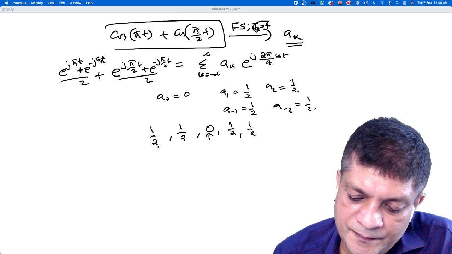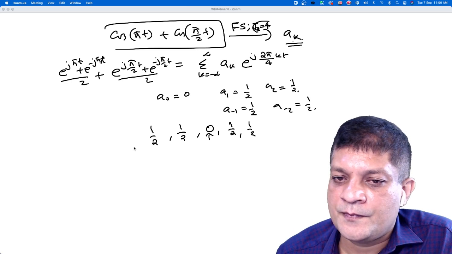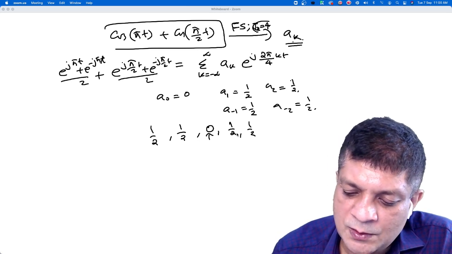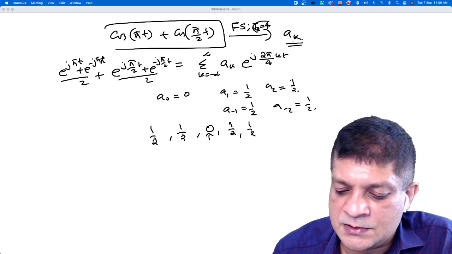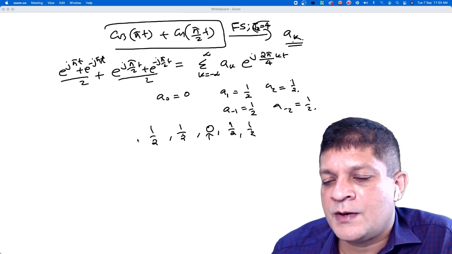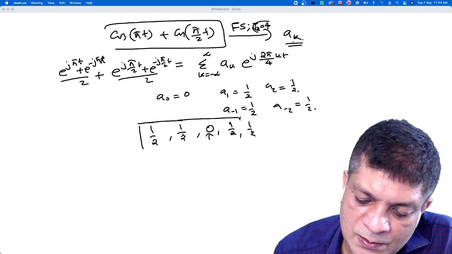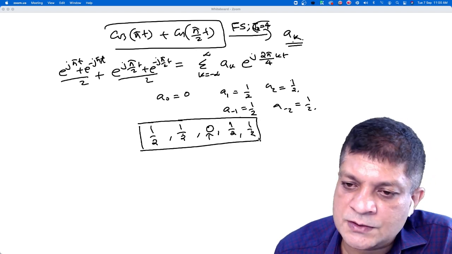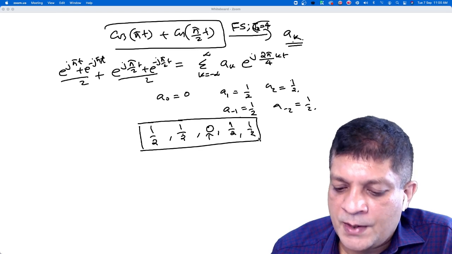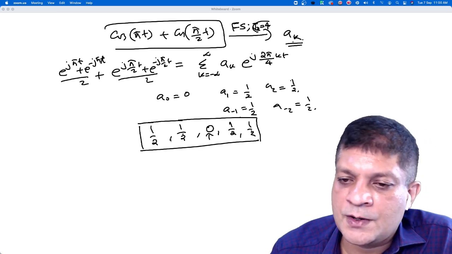Is it this? This is A0, A1, A2, A minus 1, A minus 2. All other values are 0. Okay. Here we got the Fourier series coefficients by directly computing them.